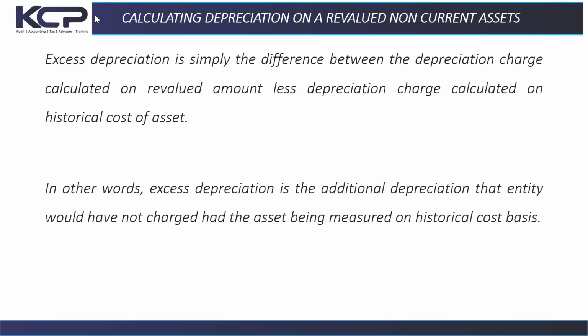Then another very important standard that we have also related this topic to is IAS 36, that is the impairment of assets. Then the last one: what is the standard on fair value measurement?